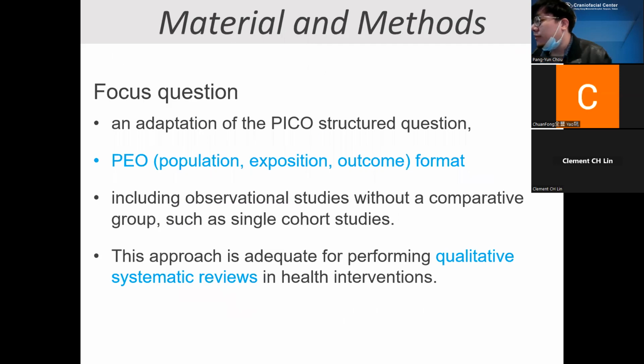For the method, the focus question is an adaptation of the PICO structured question, which is composed of PEO: population, exposition, and the outcome. And this PEO approach is adequate for performing qualitative systematic reviews in health interventions.